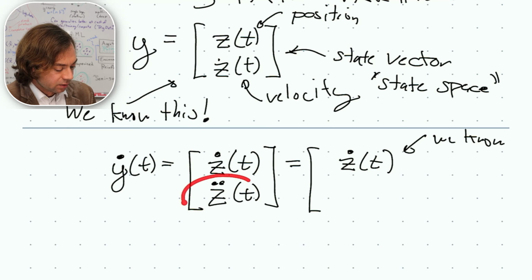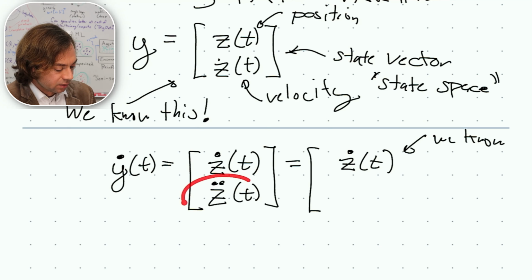Now how about this? Z double dot of t, our acceleration. That is not one of our state variables. We do not know it as a stored variable. But can we get it from somewhere? We absolutely can. Oh, there it is, right there. And it's written in terms of stuff we know.